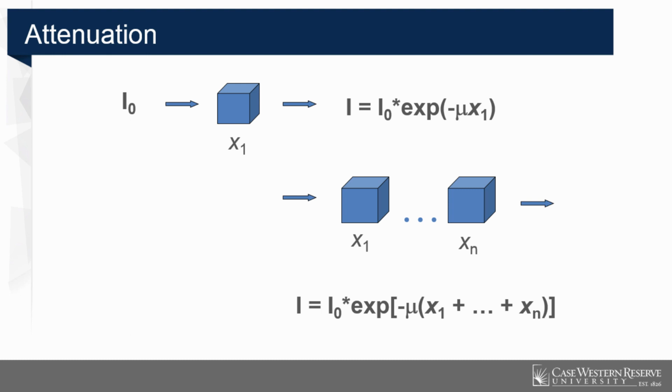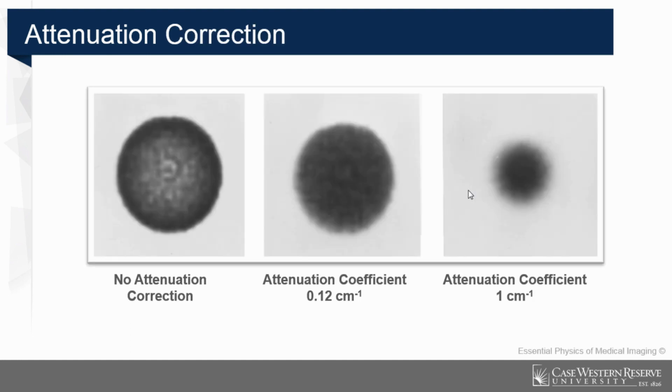The difference is this is for the energy of gamma photons, not X-ray photons. This is uniform. Inside the body, it may not be uniform. That's okay. We can do a CT scan. CT gives us density. For different densities, we can convert them into different mu's, linear attenuation coefficients. With that, we can do attenuation correction. We need this for quantitative analysis.